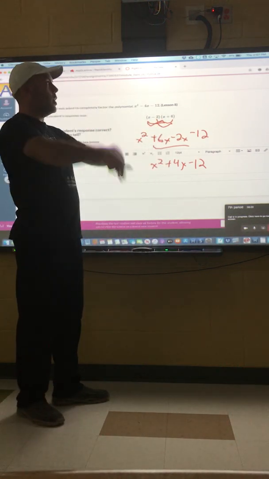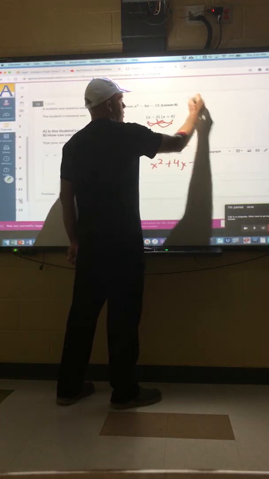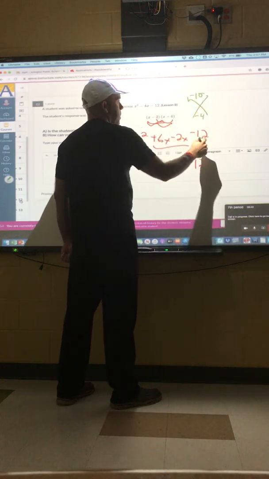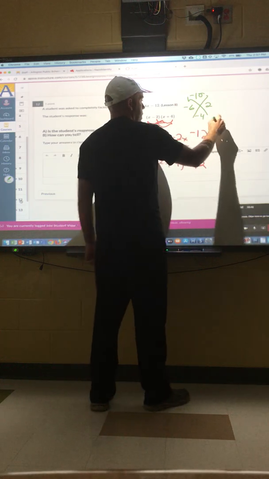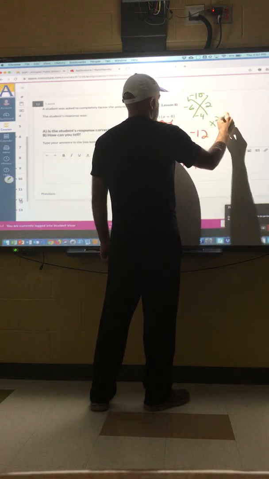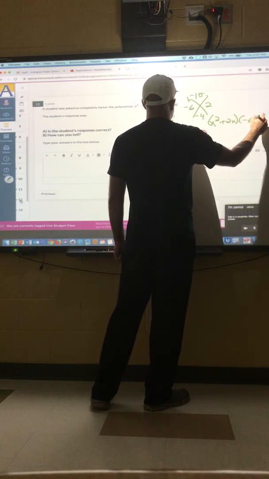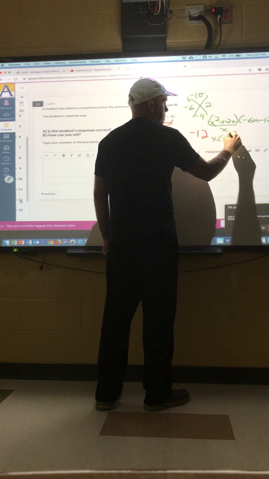A totally different way, but yet also okay, would be ignore all this and just factor it. So I would set it up, multiply to negative 12, and add to negative 4, which should be negative 6 and positive 2. And then I'm just going to factor. So x squared plus 2x, and then minus 6x minus 12. I take a GCF out of x, I'm left with x plus 2.